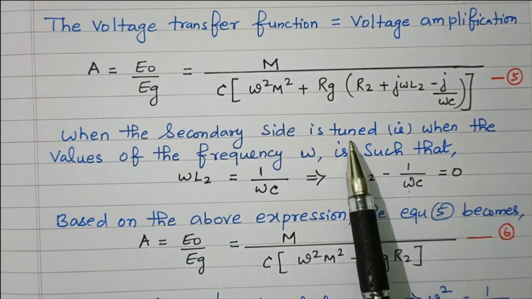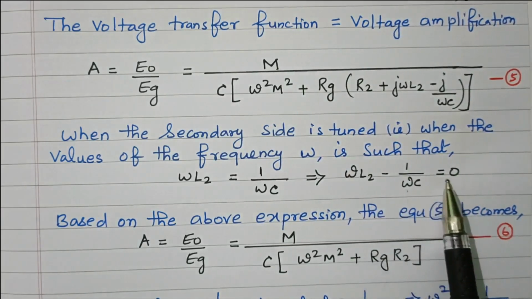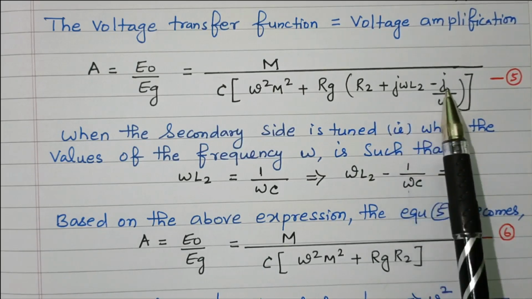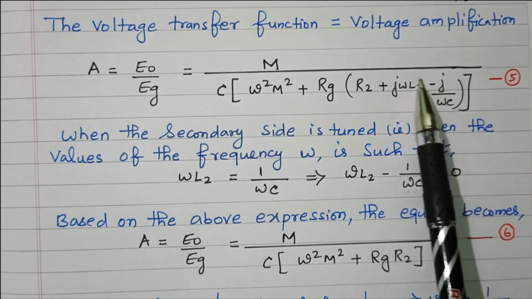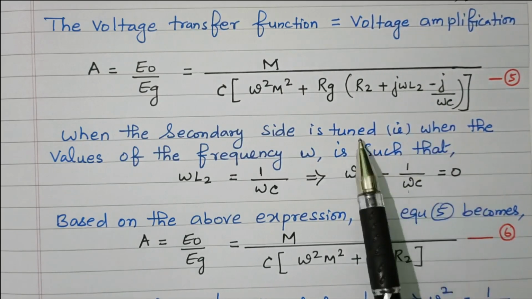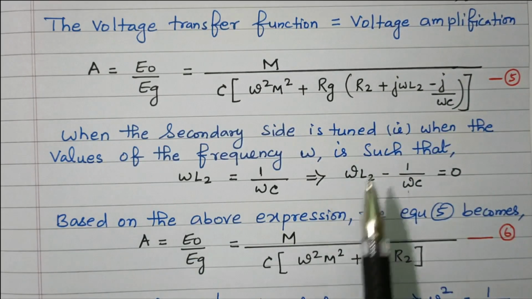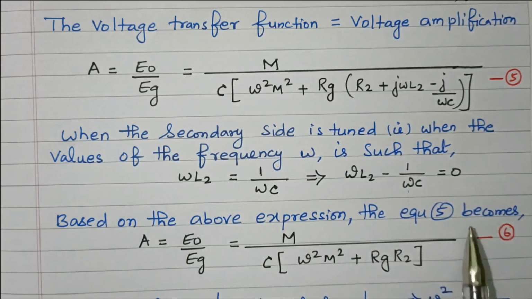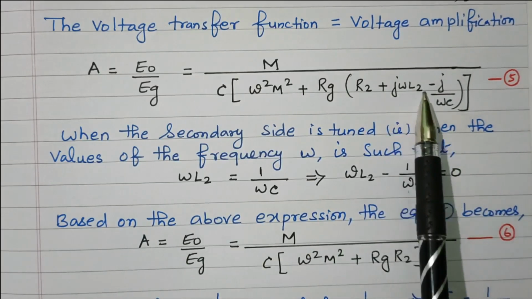So under the tuned condition, this expression is 0. It is available here as j omega L2 minus j by omega C. This term becomes 0 under the tuned condition, so equation 5 becomes simplified.